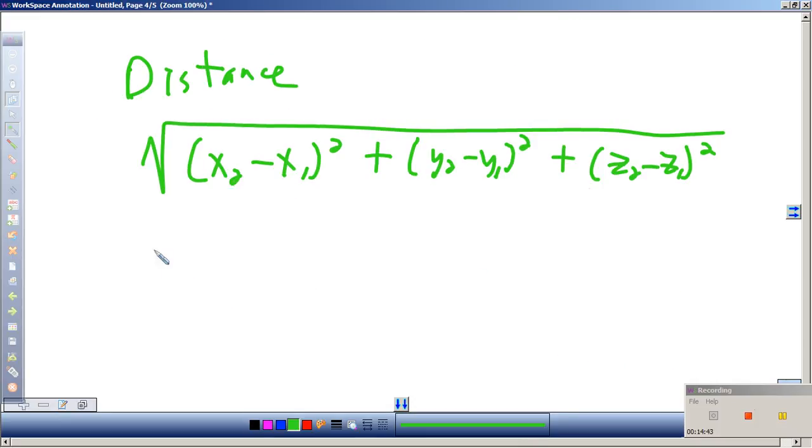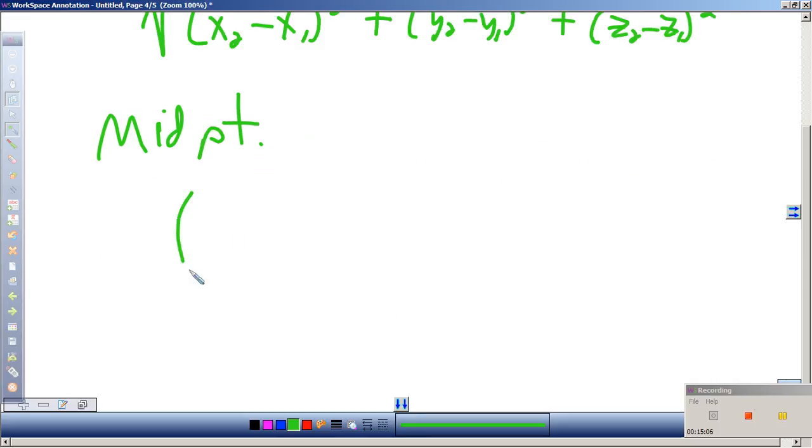Okay? And midpoint. How did you get the midpoint before? x1 plus x2 over 2, comma, y1 plus y2 over 2. So what do you think you're going to do with 3 dimensions?